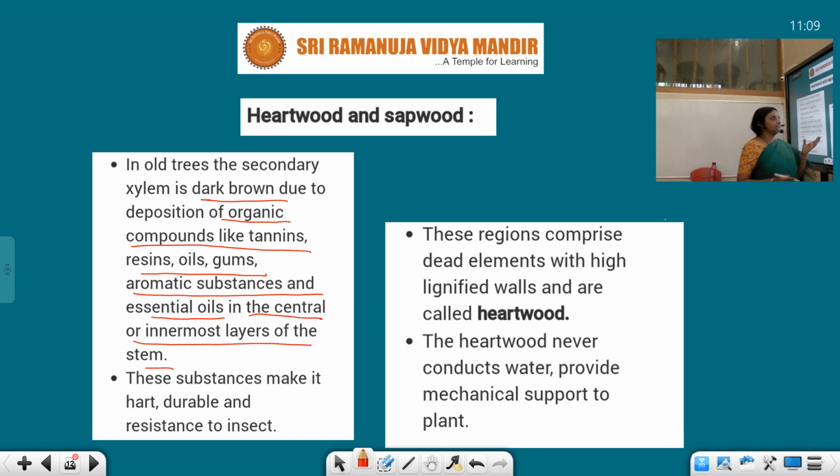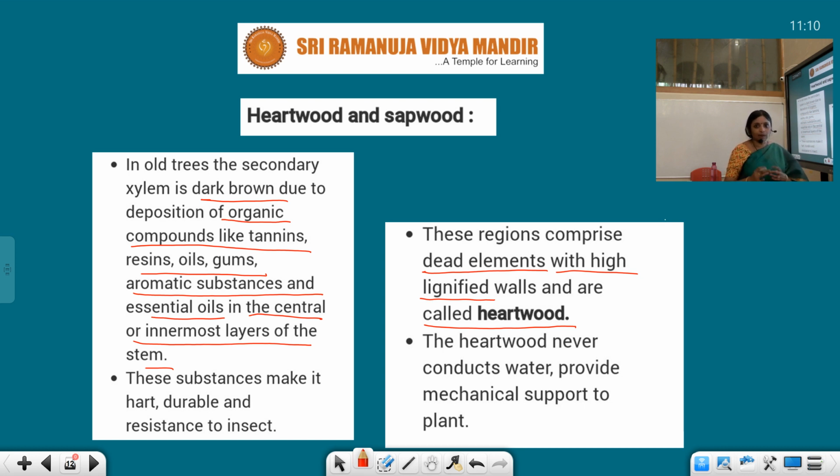These regions comprise dead elements because they have highly lignified walls. So these are dead elements and are called heartwood. It is present in the center, darker in color, with dead and lignified walls. The heartwood never conducts water.